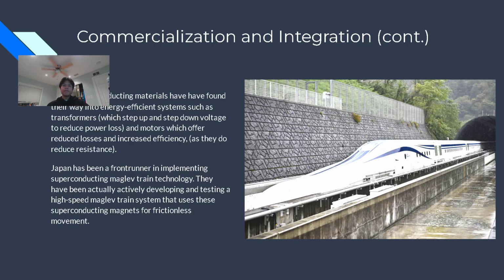And these superconducting magnets also enable these trains to attain high speeds with minimal energy consumption. And since nothing's touching anything, you don't really need to repair the tracks as much as well.